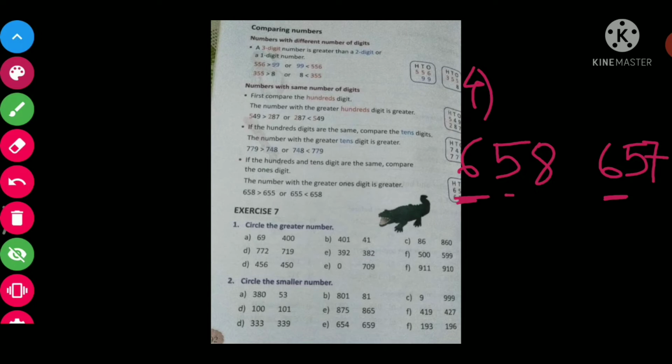Here 5 is there, here also 5 is there. Now we'll move to the ones place value. Here 8 is there and here 7 is there, right? Now 8 is greater than 7, so our greater number is 658. Always remember, we put the greater sign, or I can say we open its mouth, towards the greater one.